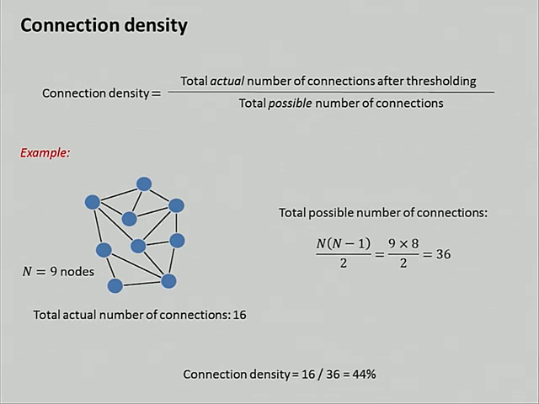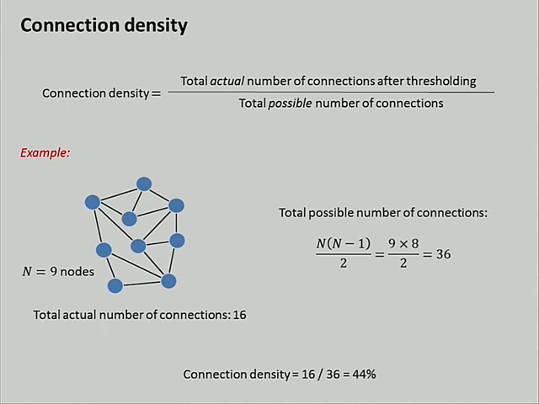One of the key concepts to thresholding a graph is the concept of connection density, and this is a really simple concept. It's just the actual number of connections in the network after the network has been thresholded, divided by the total possible number of connections in the network. I've given a trivial example at the bottom of the slide, a network that involves 9 nodes. The total possible number of connections in this network is n times n minus 1, divided by 2, where n denotes the number of nodes.